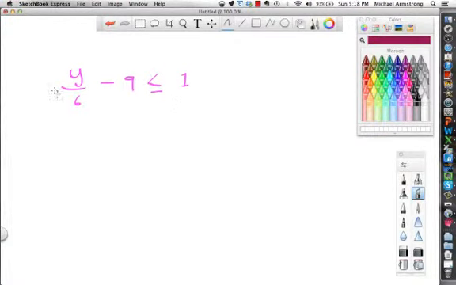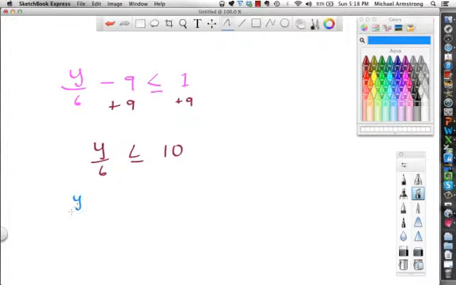What happens next is we have to try to get this 9 out of here. So we're going to add, which is the opposite of subtract, 9 to both sides. Negative 9 plus 9 is 0, so that just leaves us y sixths is less than or equal to 10, because 1 plus 9 is 10. Then we have to multiply both sides by 6.